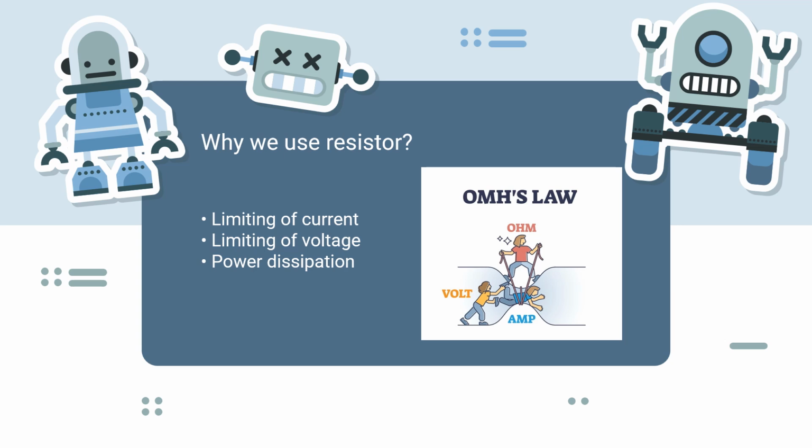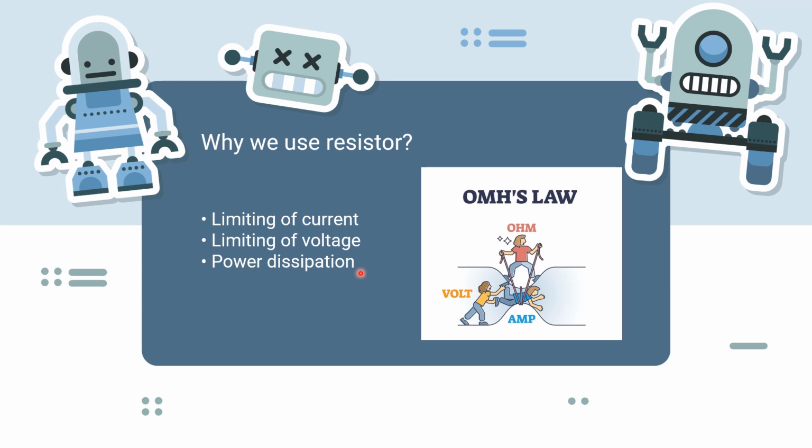As we already discussed, resistors act like valves in electronic circuits. They have three main functions: limiting voltage, limiting current, and power dissipation. We will discuss the current and voltage, but maybe you are wondering why we should waste power.